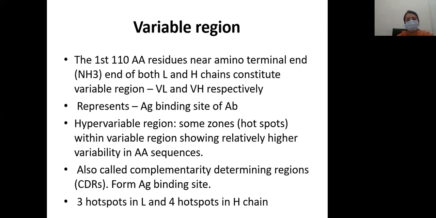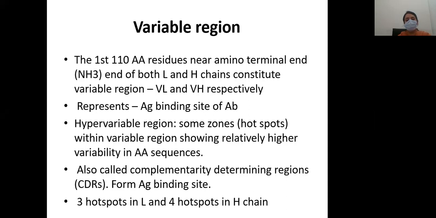The first 110 amino acid residues near the amino terminal end of both L and H chains constitute the variable regions, VL and VH respectively. They represent the antigen binding site of the antibody.